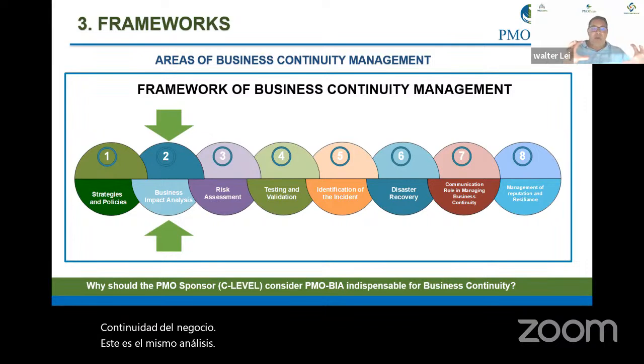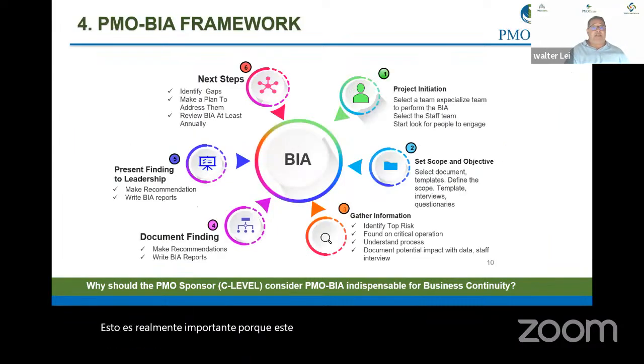No, business continuity management is the entity, a framework, and within it are the business impact analysis and then disaster recovery. So we're talking about a real group of frameworks that we call business continuity management. This is really important, because this is in the books.